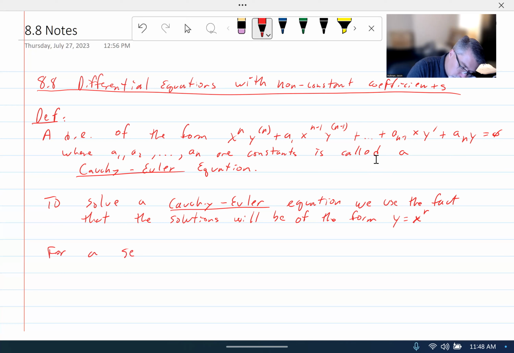For a second order Cauchy-Euler differential equation, we look at the roots of the initial equation.